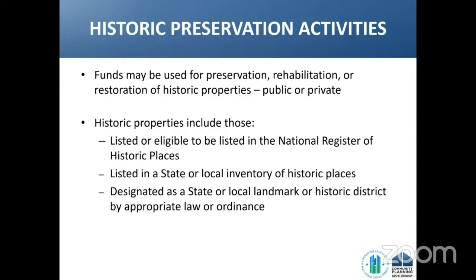For historic preservation, you can't just rehab the whole structure. If you're going to do it under historic preservation, it has to be things that will preserve the historic features of a property, whether it's public property or private property.